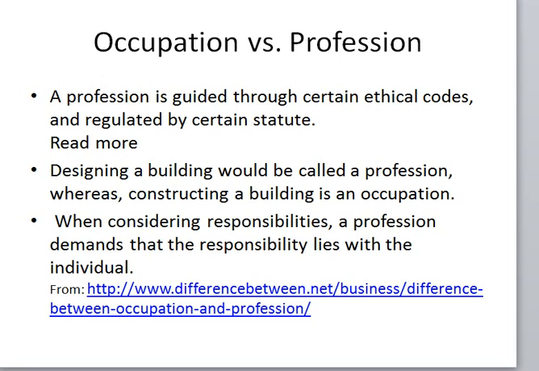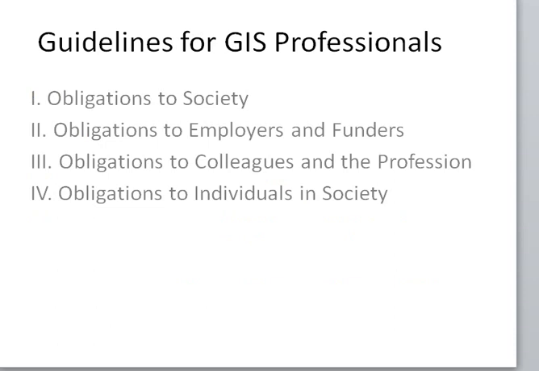And so most professions, if you look at the medical profession or the legal profession, architecture, they have a code of ethics that are used to self-govern people who are in that profession or practicing that profession. And so while they are not laws, they are guidelines for good practice and kind of go beyond laws, actually.